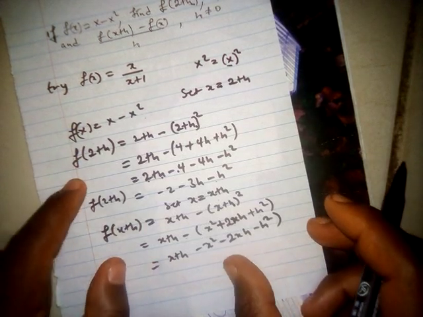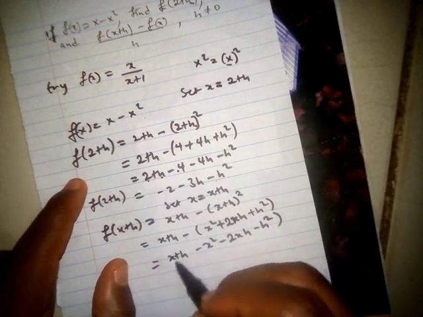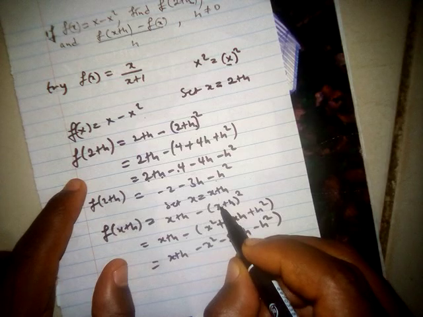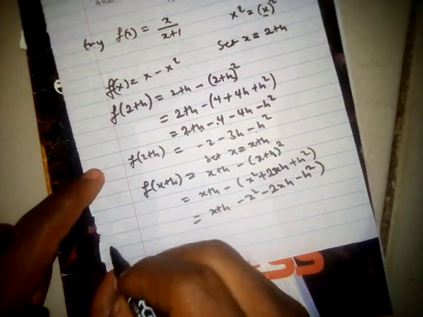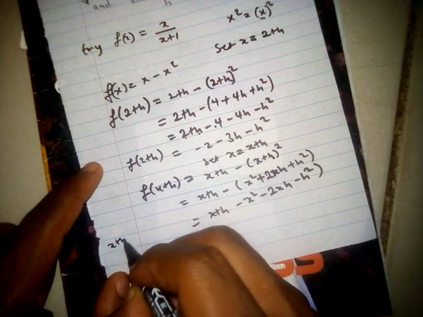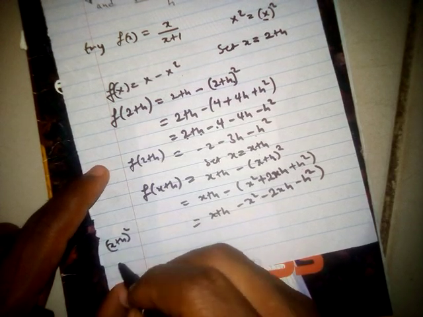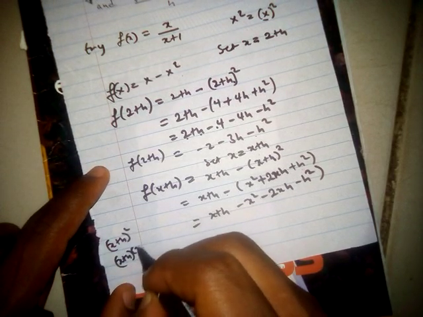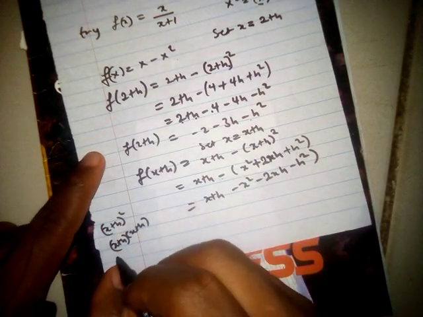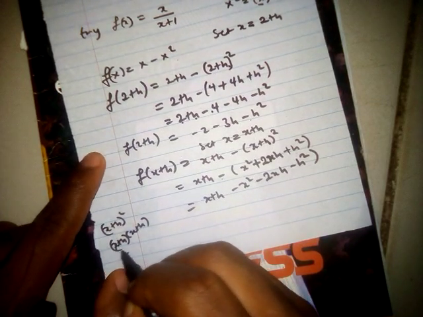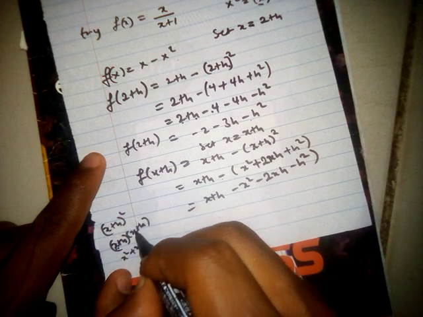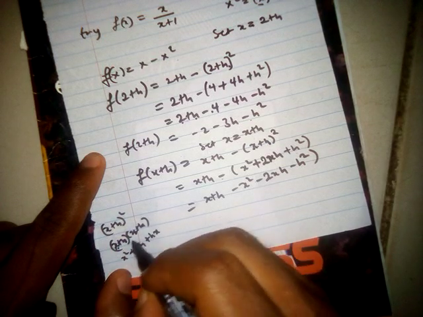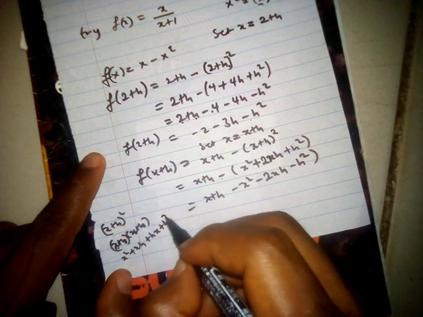Now for those of us that are confused about how we open this up, it is simple. Let's do this. x plus h squared is the same thing as saying x plus h times x plus h. So x times x is x squared, x times h is xh, h times x is hx, and h times h is h squared.